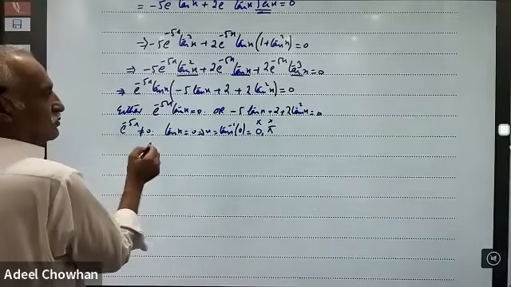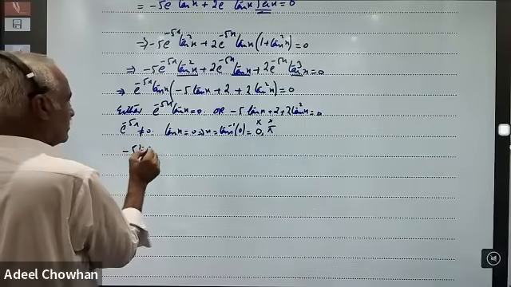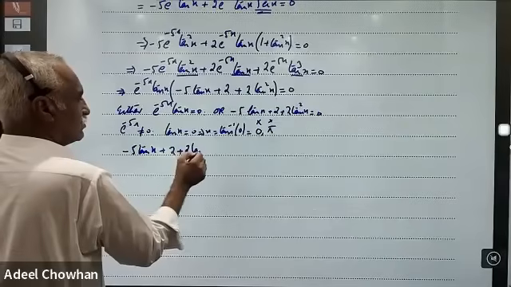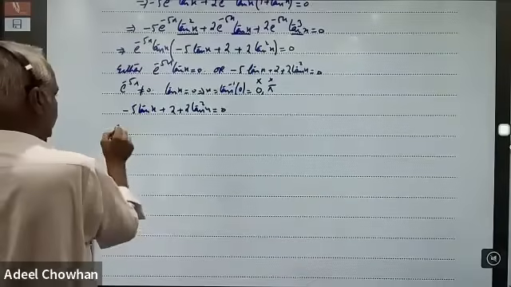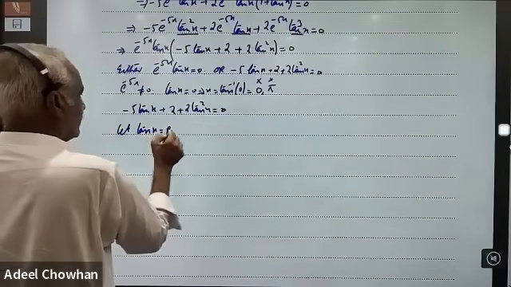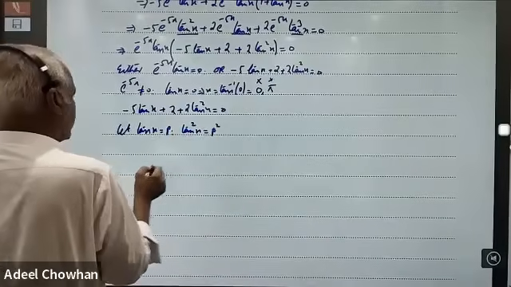Then minus 5 tangent of x plus 2 tan square of x is equal to 0. Let tangent of x is equal to p, tangent square of x is equal to p square.